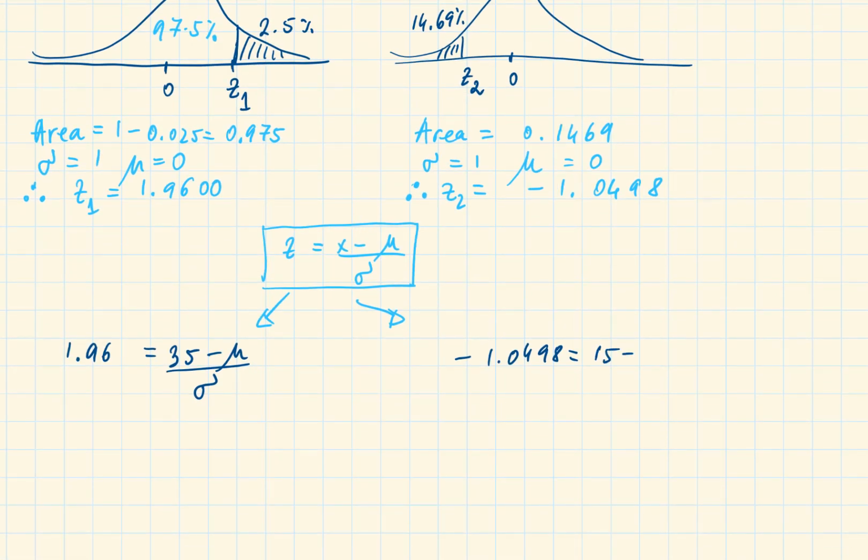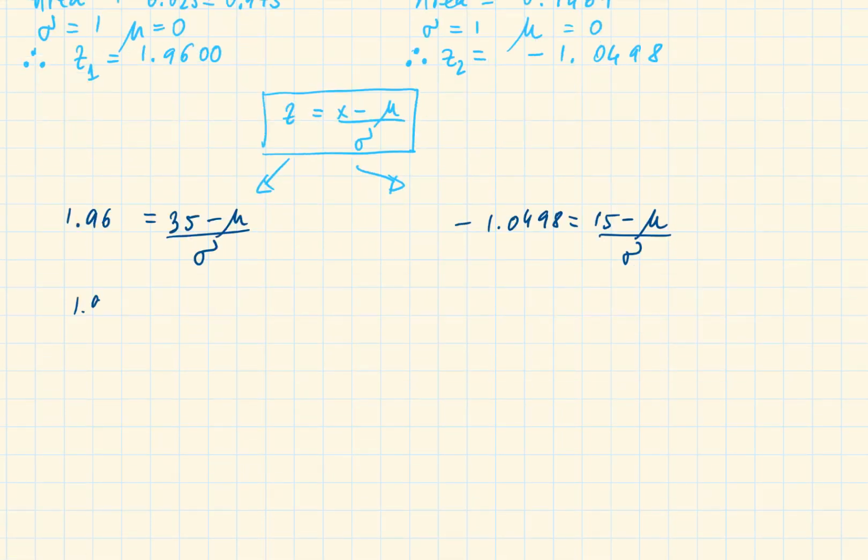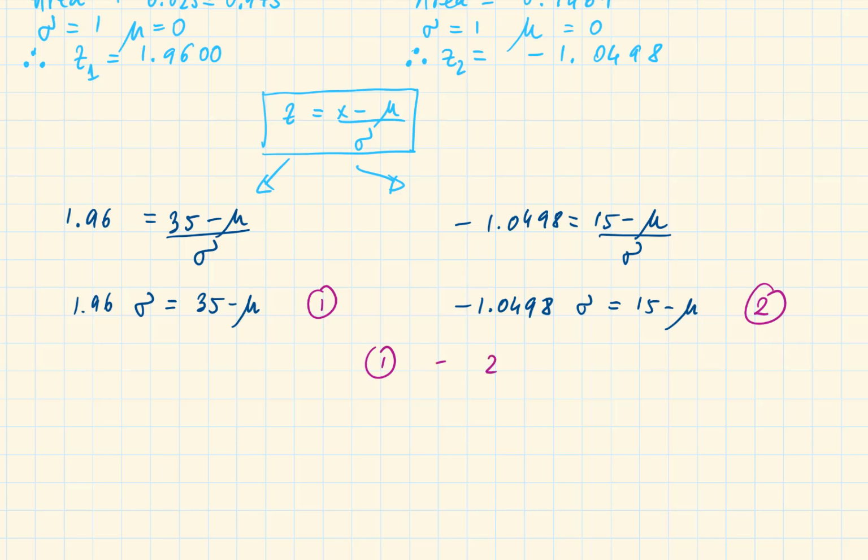That is 15 minus the unknown mean over the unknown standard deviation. We can rearrange this. We can label this equation 1 and equation 2.